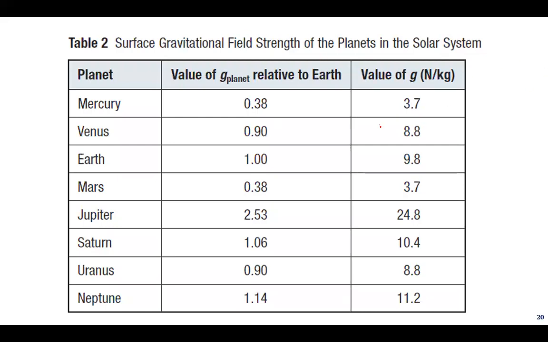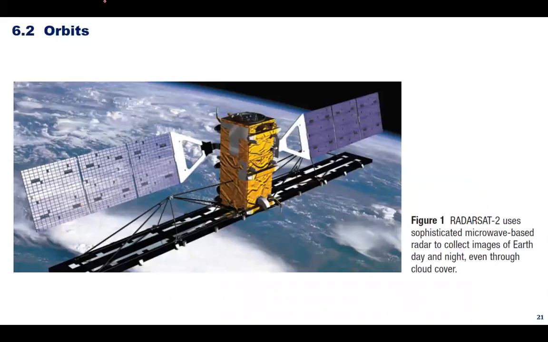Okay, now let's have a look at the second part of today's lesson. So we're talking about orbits. So Radarsat 1 and Radarsat 2 are Earth observation satellites designed and commissioned by the Canadian Space Agency.